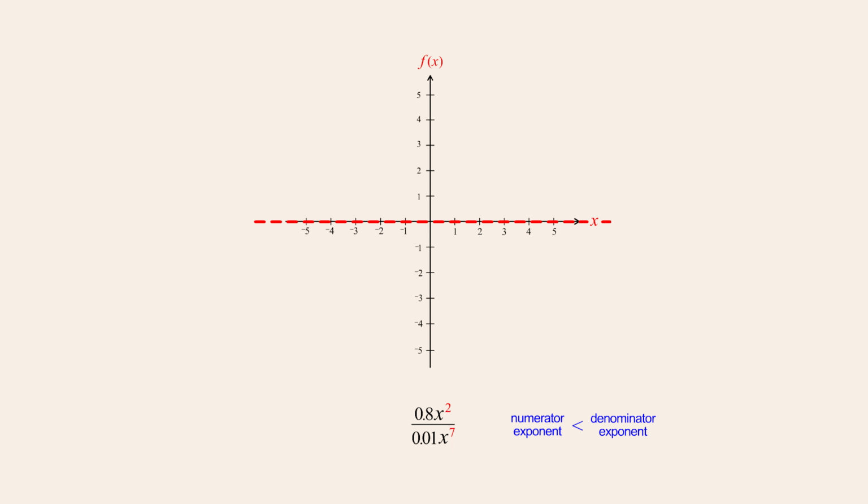And since the numerator exponent is less than the denominator exponent, we know that this function has a horizontal asymptote located on the x-axis. And the function's graph looks like this.